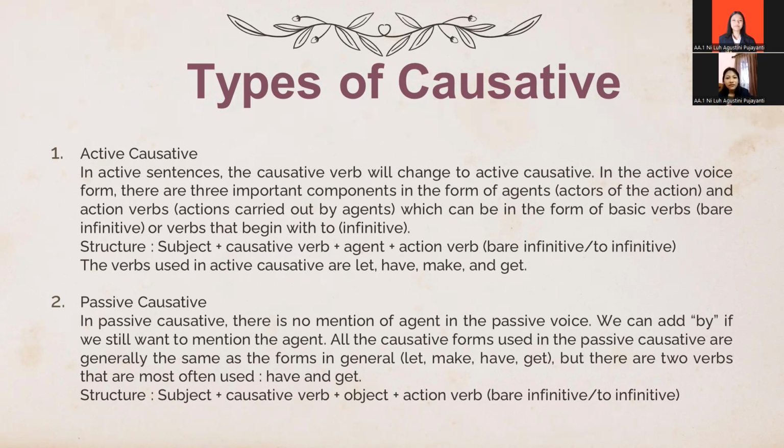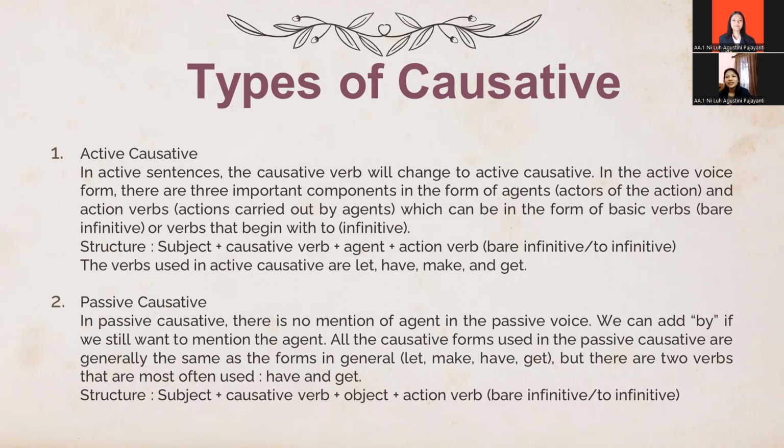In the active voice form, there are three important components: the agent, the actor of the action, and the action verb, the actions carried out by agents, which can be in the form of a basic verb, bare infinitive, or verb that begins with to infinitive. The correct sentence structure is subject plus causative verb plus agent plus action verb or bare infinitive or to infinitive. And the verbs used in active causative are let, have, make, and get.